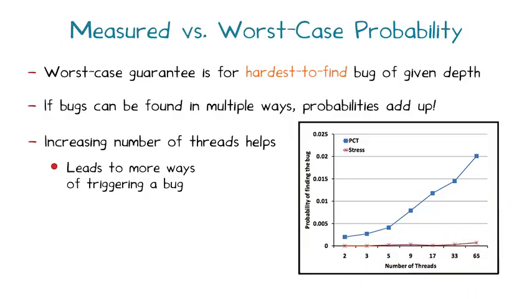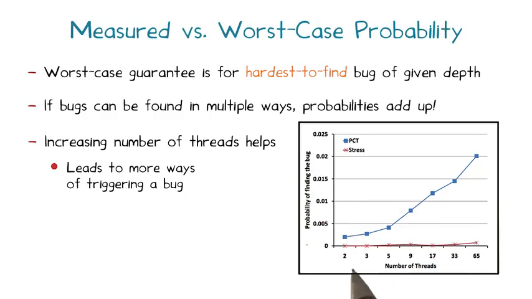And it is also deterministic when given the same random seed, which helps with debugging and bug fixing efforts once the bug is detected. Furthermore, as the number of threads increases, the probability with which Cuz finds the bug also increases. Finally, for any given number of threads, this measured probability is much better than the worst case probability.